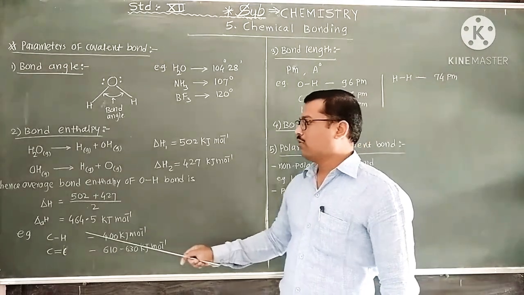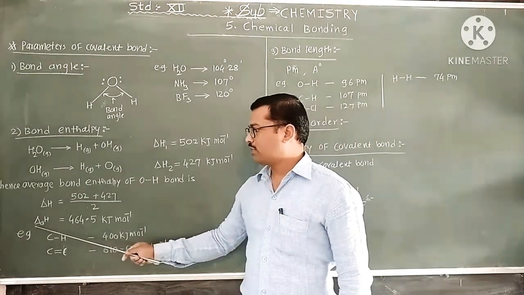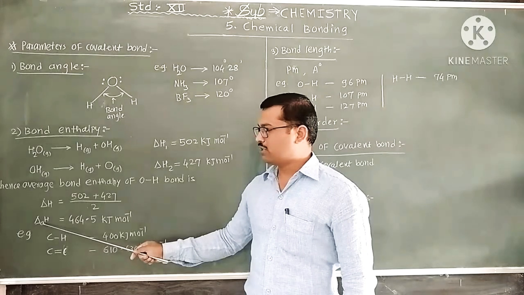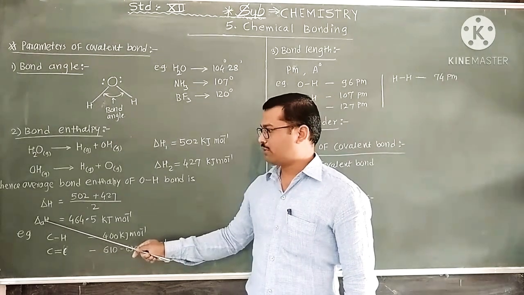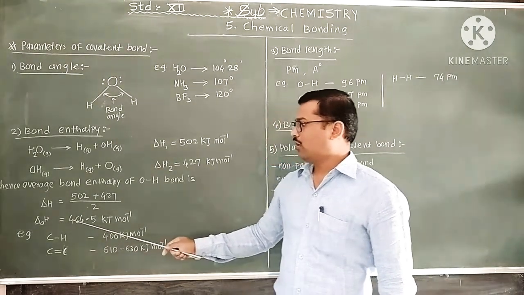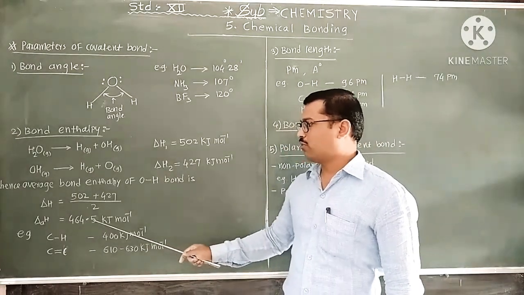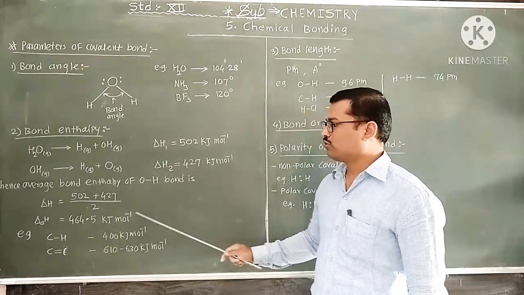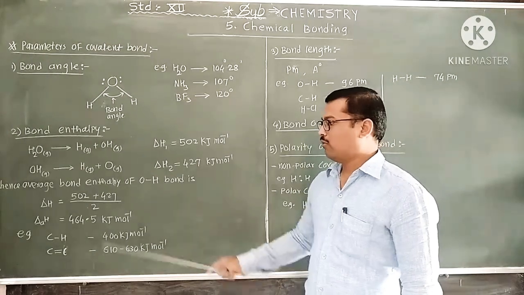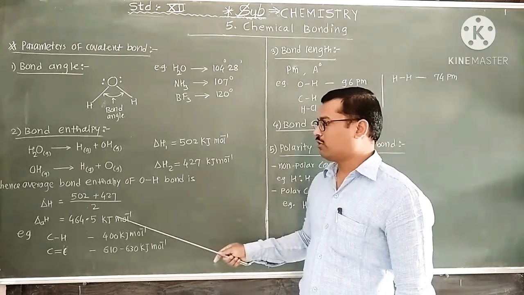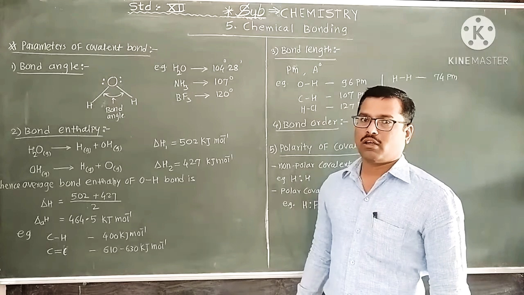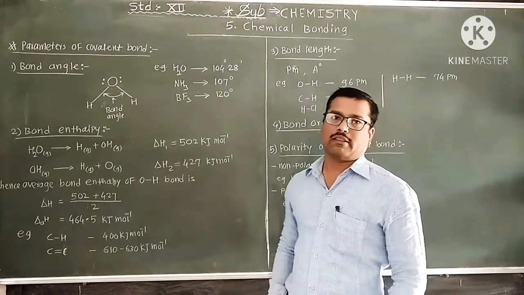After division, we get the average delta H, that means the average bond enthalpy of the oxygen hydrogen bond is about 464.5 kilojoule mole inverse. This is the average bond enthalpy.